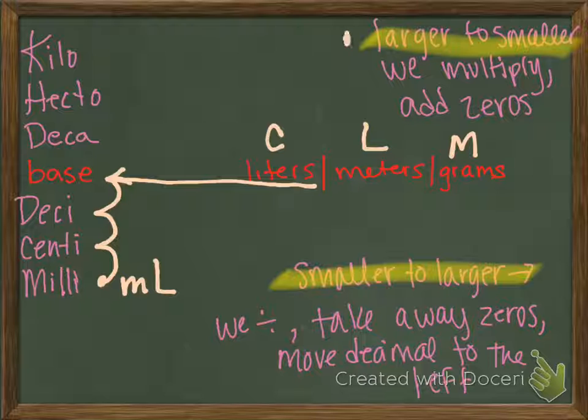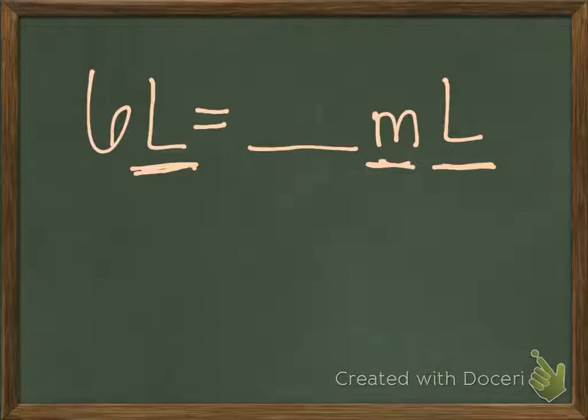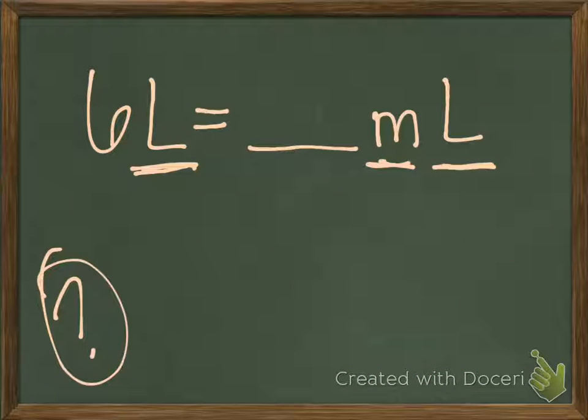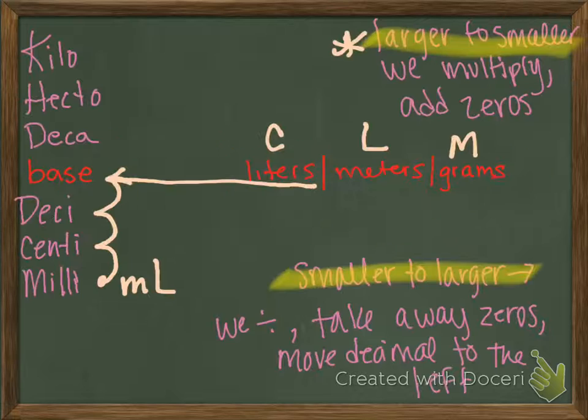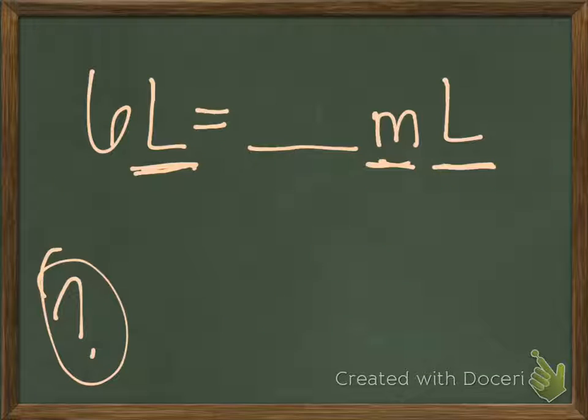We're going from larger to smaller right here. So we need to add zeros. How many zeros do we add? Well, we jumped down 1, 2, 3 places. So we need to add 3 zeros. So 6 liters is equal to 6,000 milliliters. Easy peasy, huh?